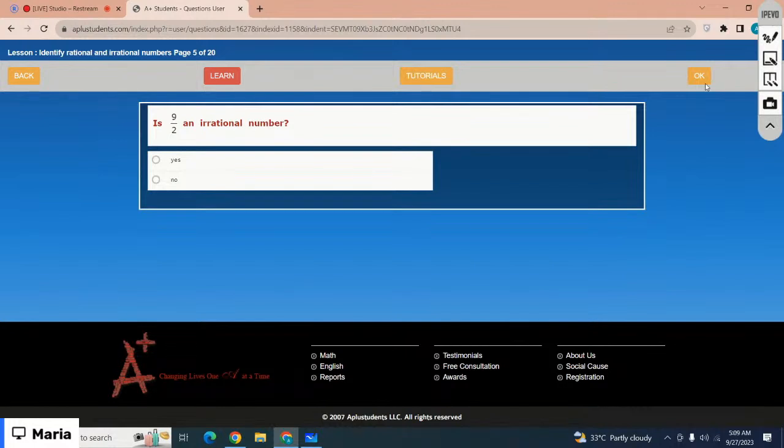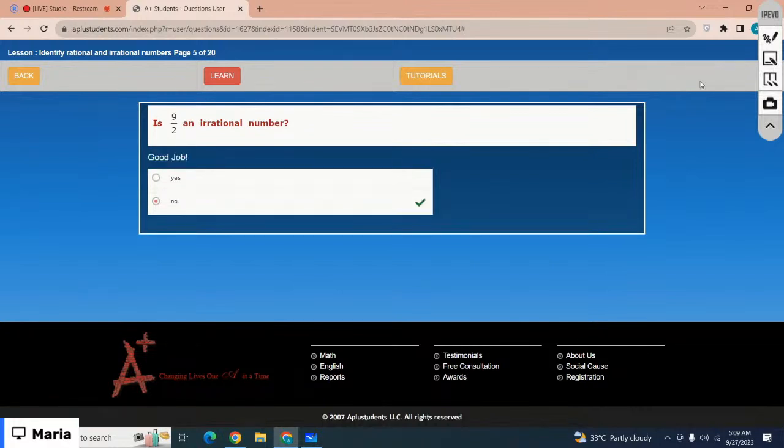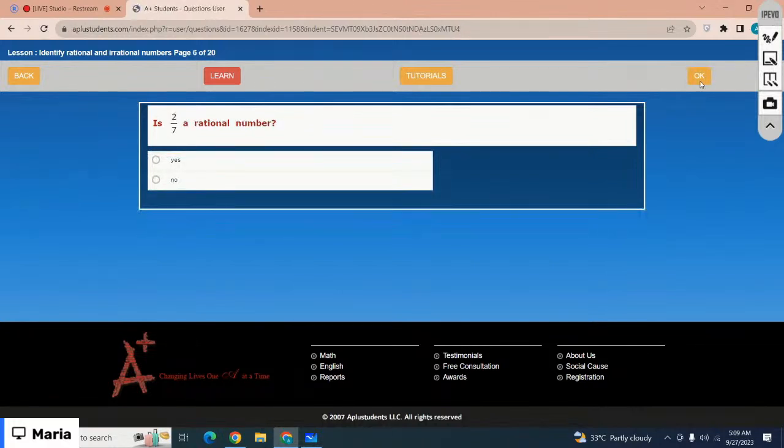Is 9 by 2 an irrational number? No, 9 by 2 is a rational number. So the correct option is: 9 by 2 is rational, not irrational. Is 2 by 7 a rational number?